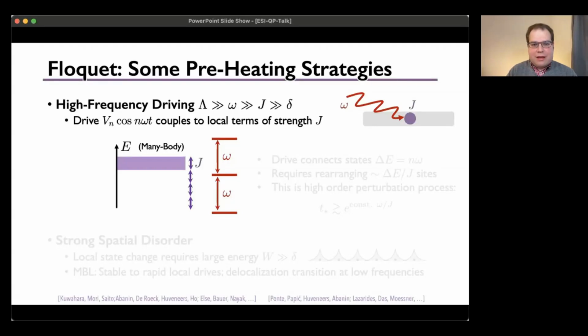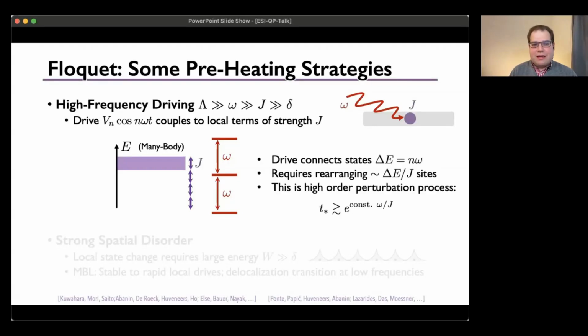To make a short linear response argument, connecting states differing by delta E with that drive requires rearranging very many local sites, of the order of delta E over J. This process is therefore exponential in delta E over J, because I basically have to go to order delta E over J in perturbation theory.